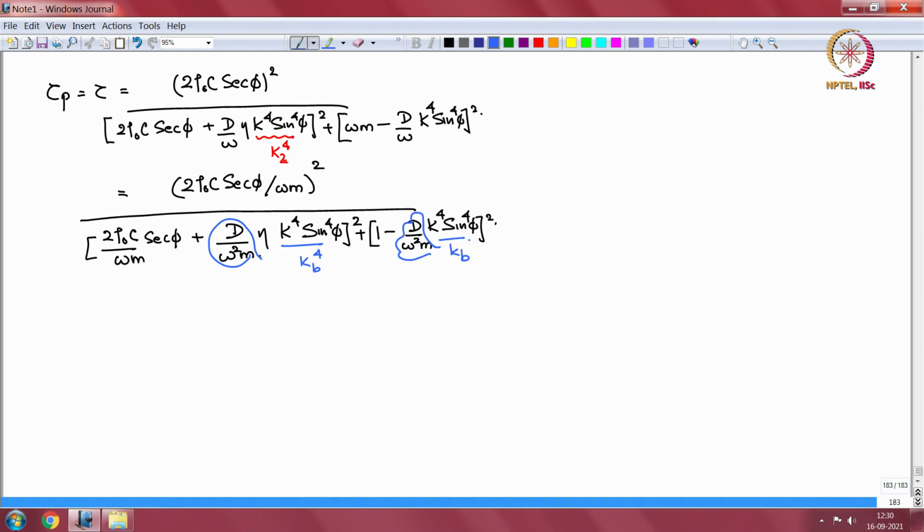So we have the ratio of the forced wave number and free wave number here.